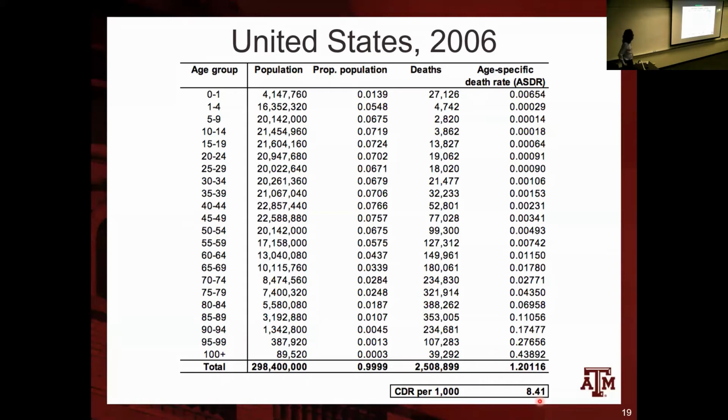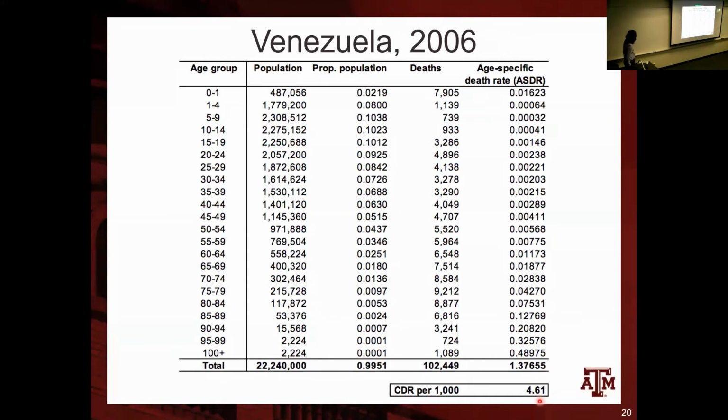But we don't want to just compare this crude death rate with another country that might have a younger population. For example, Venezuela. Population by age group in the first column. The second column, the same exercise. We get the population of each age group, divide by the total size of the population.